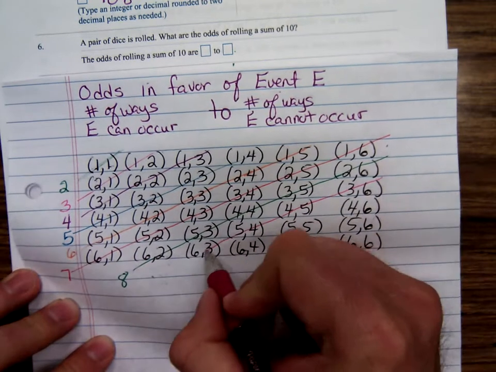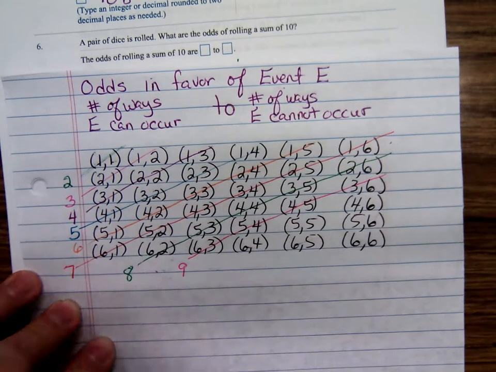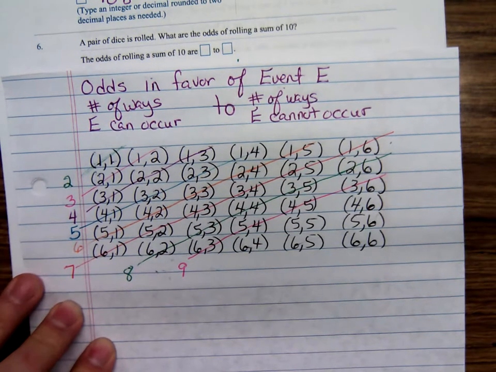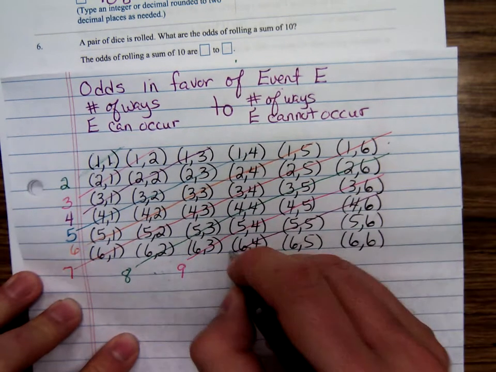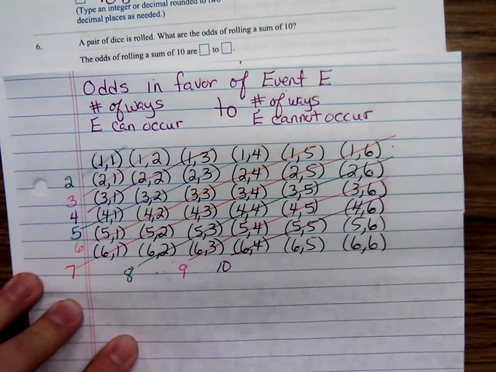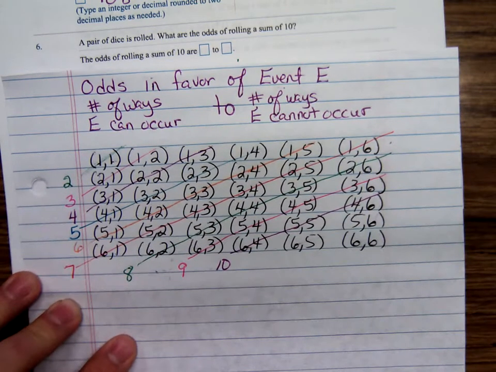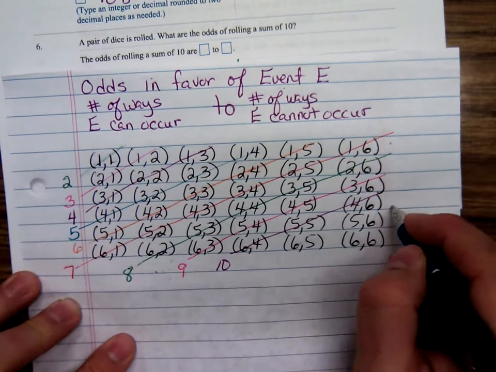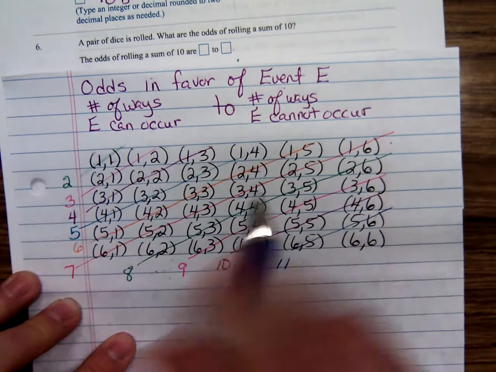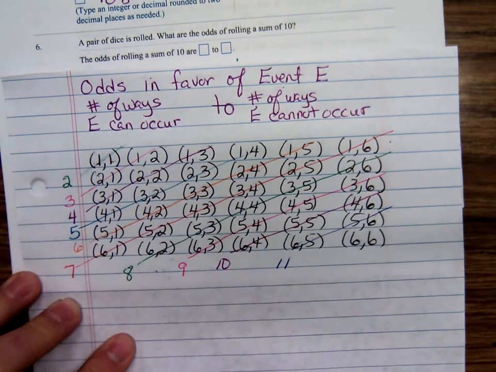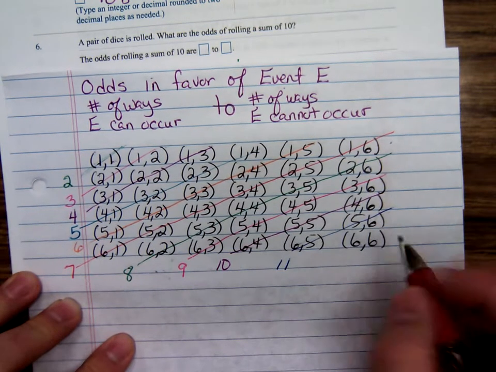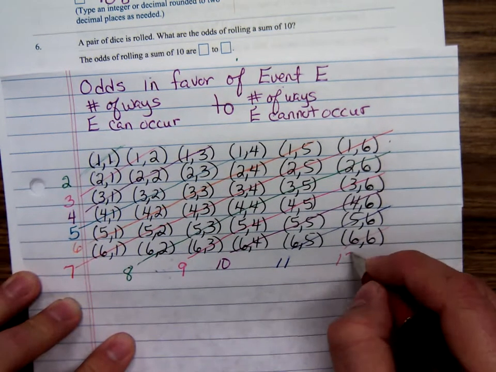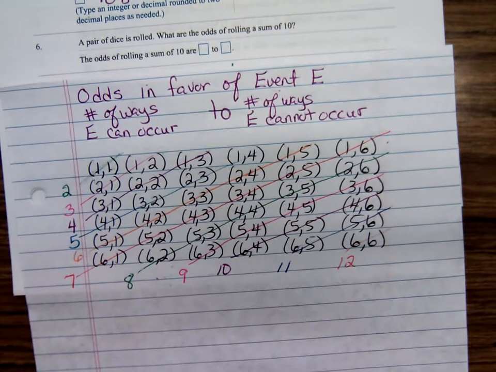A sum of 9. There are 3 ways you could have a sum of 10. I think that's going to be important, isn't it? 2 ways you could have an 11. Would it be possible to ever have a sum of 12? It is possible to have a sum of 12. Would it be possible to have a sum of 13? Well, no, not on our little grid.